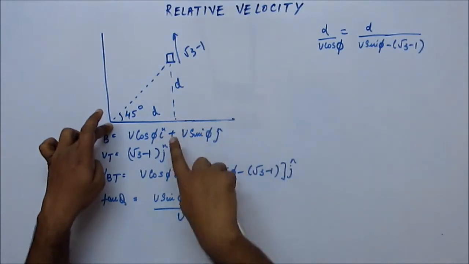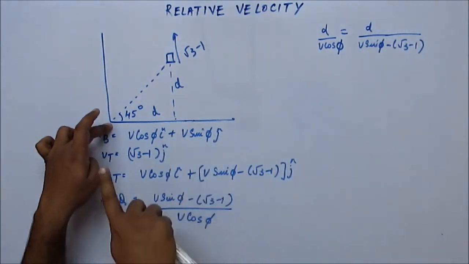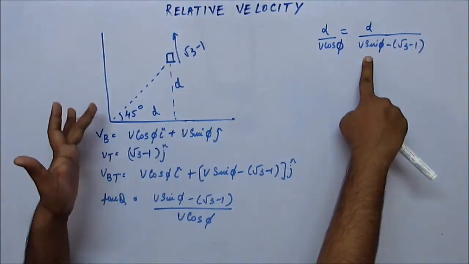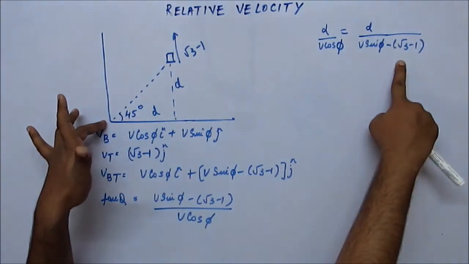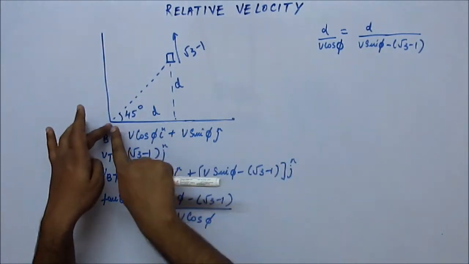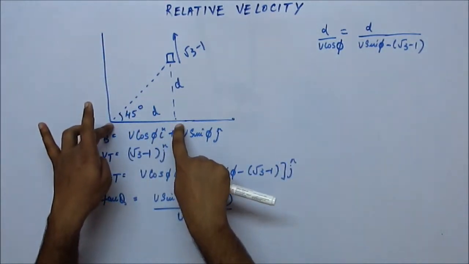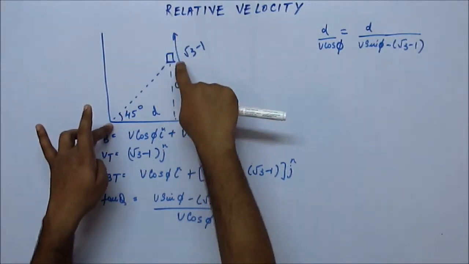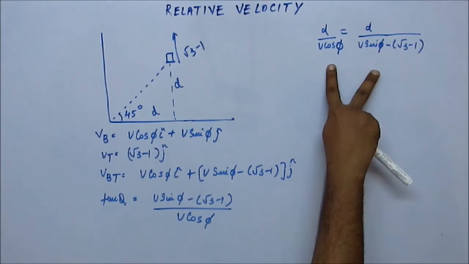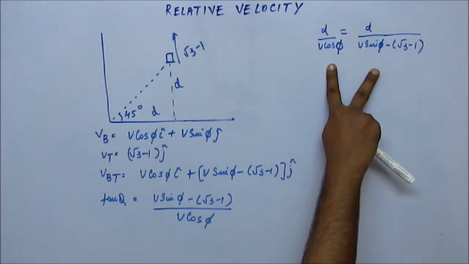And the relative velocity of the ball will be the velocity of the ball minus velocity of the trolley. Velocity of the ball along y-axis is v sin phi minus velocity of the trolley, which is given. Fine. So it will have a displacement of d along x and displacement of d along y relative to the trolley simultaneously when it hits the trolley. So these two time taken would be the same.